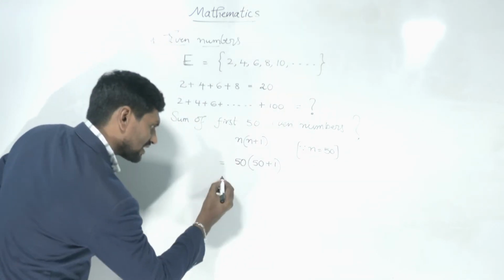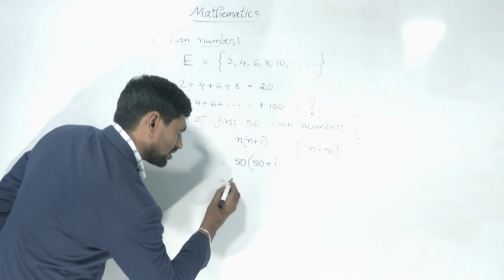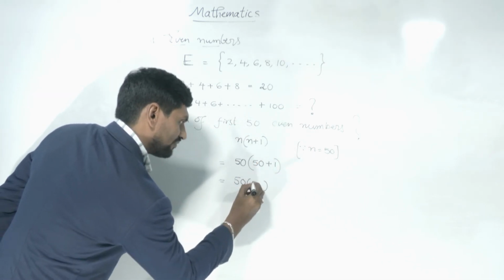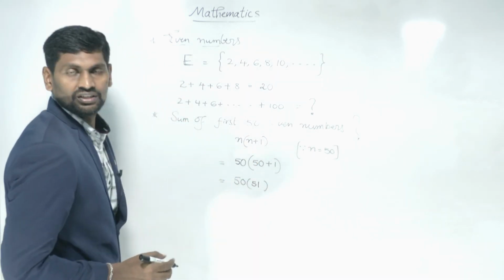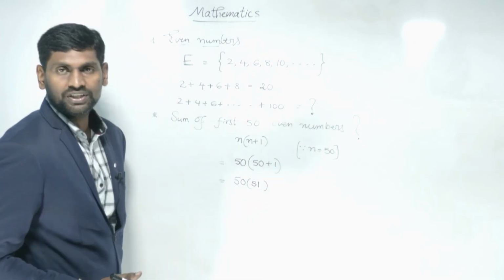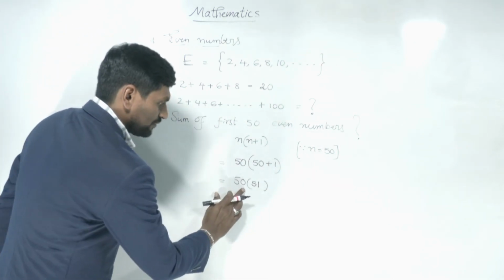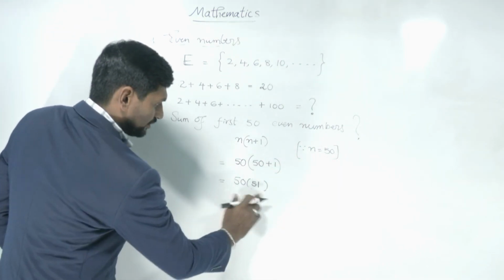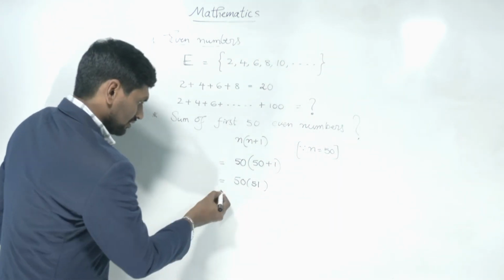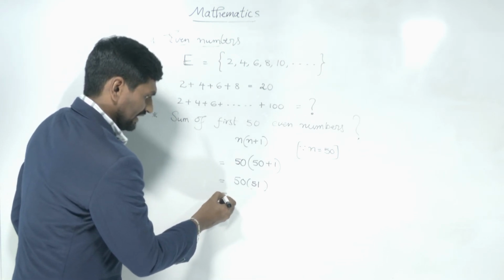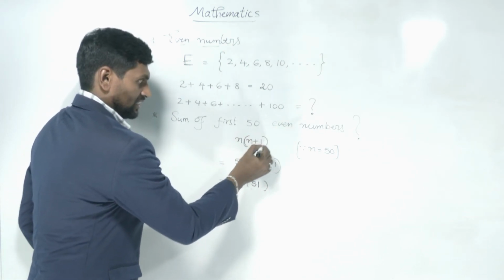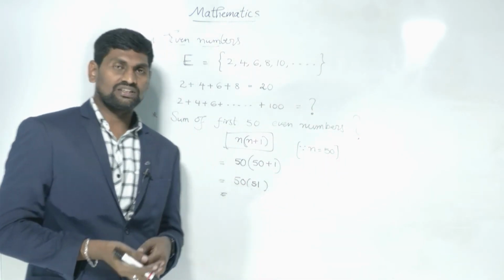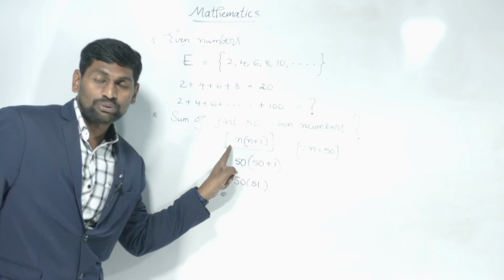Okay, let us see this. According to the BODMAS rule, we should find the value of the bracket first. 50 plus 1, 51. So this is nothing but 50 into 51. Bracket indicates multiplication. This formula we should read as n into n plus 1.